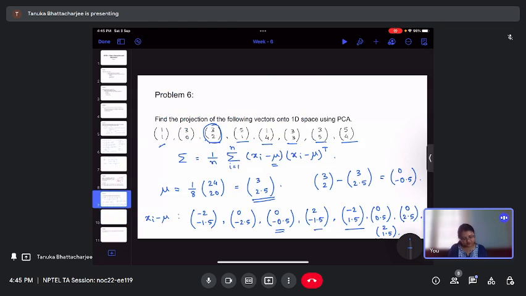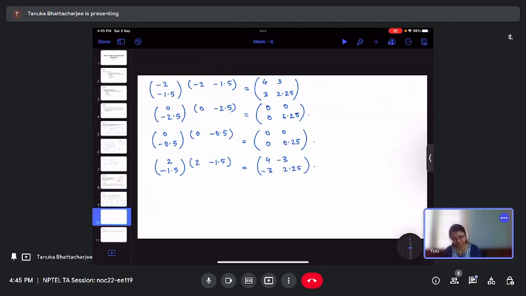Now the fifth example, minus 2, 1.5, into its transpose. This is again 4, minus 3, minus 3, 2.25.